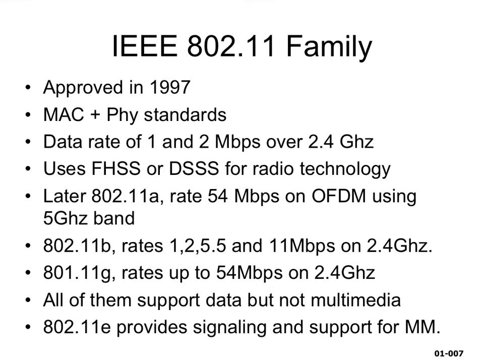So this 2.4 gigahertz attracts many standards actually. So even Bluetooth works in that range. Many of the cellular technologies use that 2.4 gigahertz. So the advantage is that it's free. You don't have to pay a license to use it. But on the other side, of course, if everybody's using it, then this will affect interference.